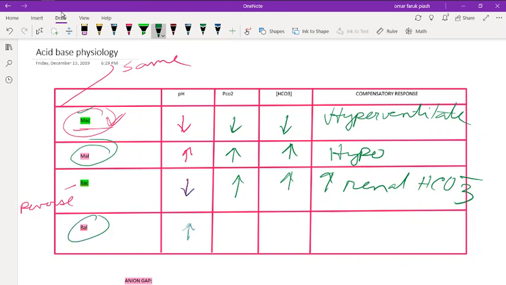On the other hand, in respiratory alkalosis, the direction will be reverse, and you have to decrease renal bicarbonate. You increase renal bicarbonate to compensate for the acidosis, and decrease renal bicarbonate to compensate for the alkalosis.